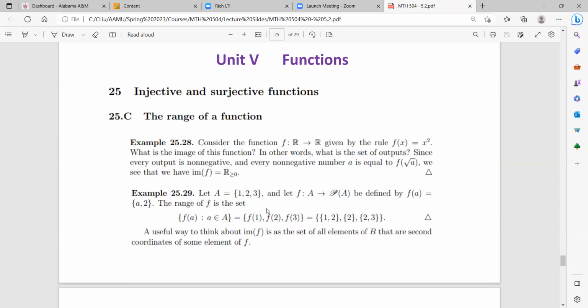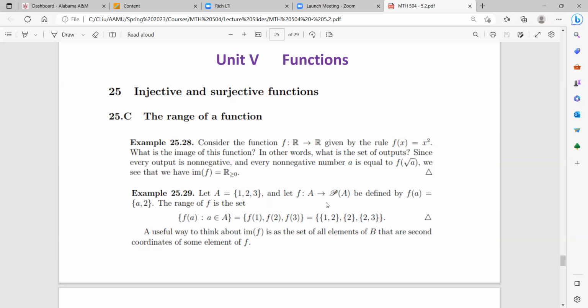If we pick 2 for a, you get f(2). And if we pick 3 for a, you get f(3) in the range. So these are in the range, and this is the range of the function. Okay, so this is the definition, remember? All the function values when you pick the elements in the domain.